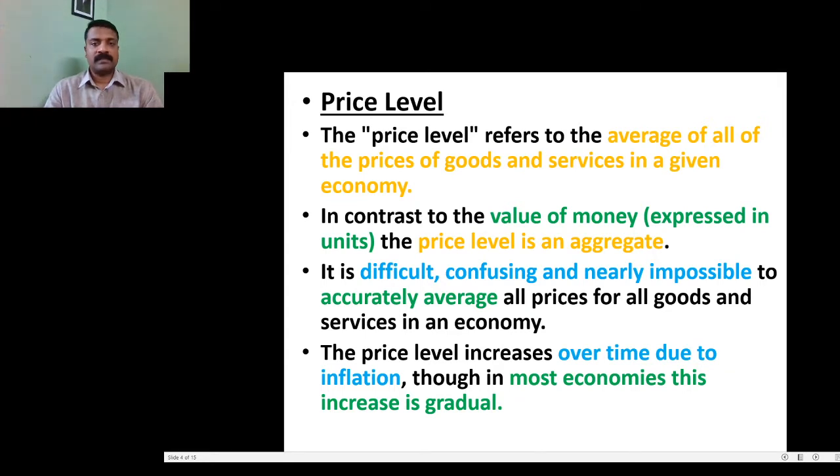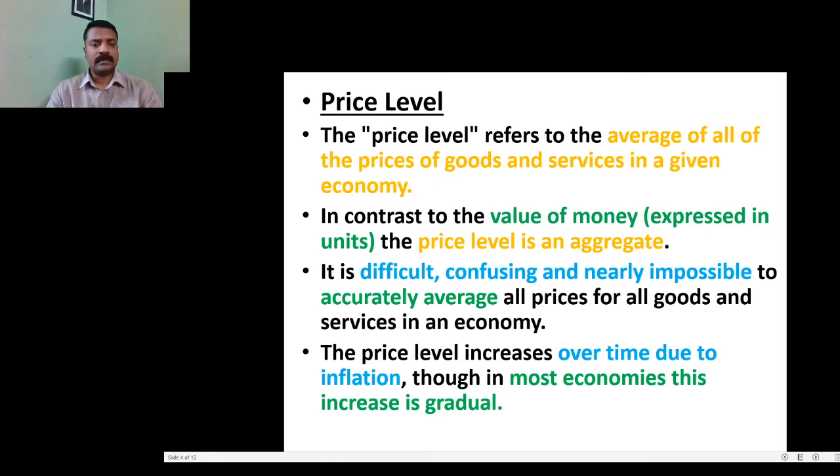So what is the price level? Price level refers to the average of all the prices of goods and services in a given economy. It's an aggregate concept, but the value of money is expressed in units.